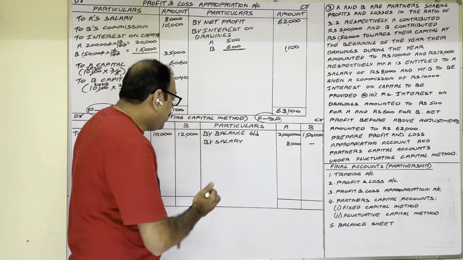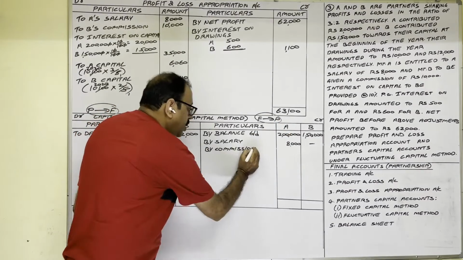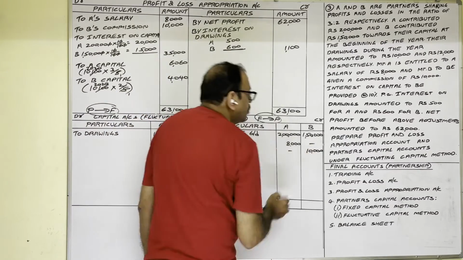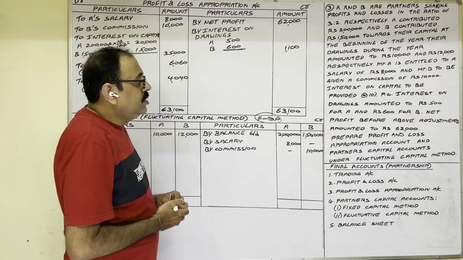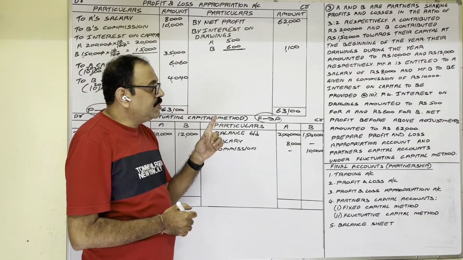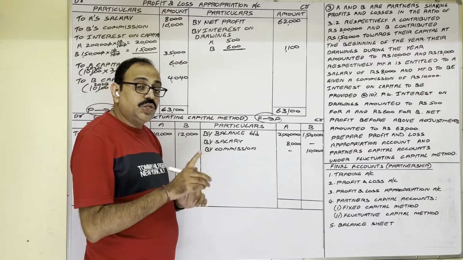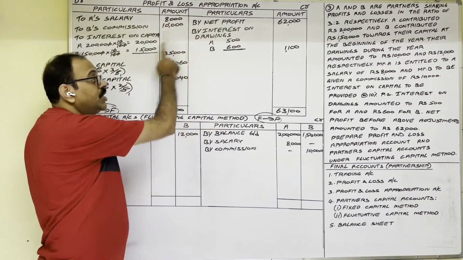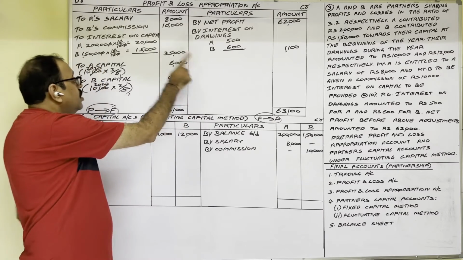For B, 10,000 rupees. Continuation. Interest on capital to be provided at the rate of 10% per annum. Interest on capital, who should pay to whom? In the P&L appropriation account, clearly I told.